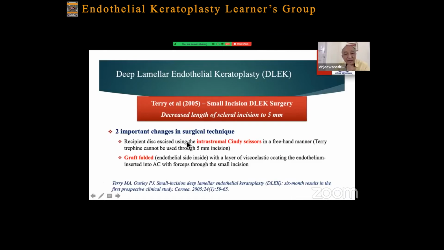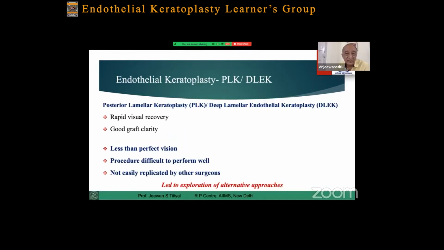Later, he did describe the smaller incision surgery where the donor lenticule could be folded and inserted inside. And that was the technique to describe the smaller incision, because larger incision induced much more difficulty in managing astigmatism of these patients. So this was a technique which did have a rapid visual recovery as compared to the full thickness surgery in these cases.